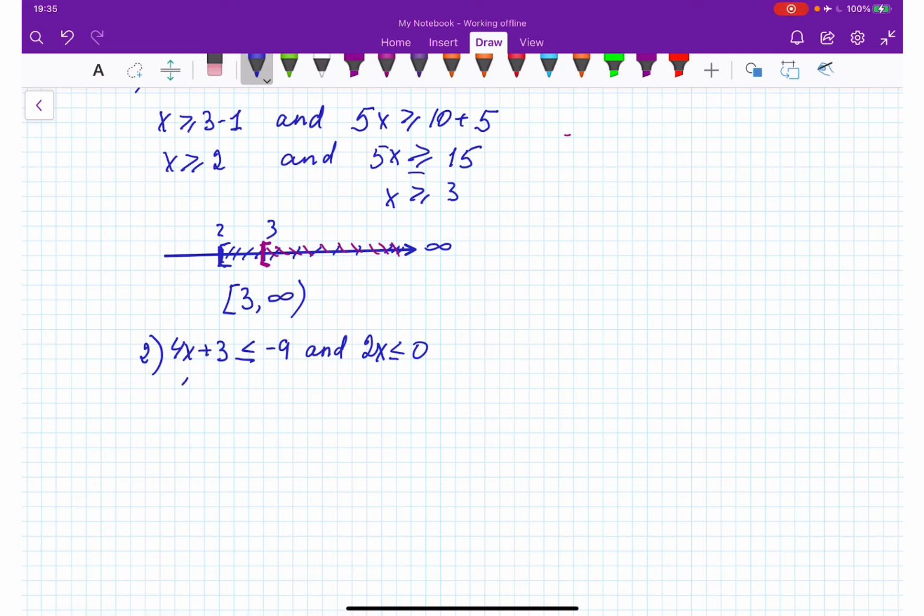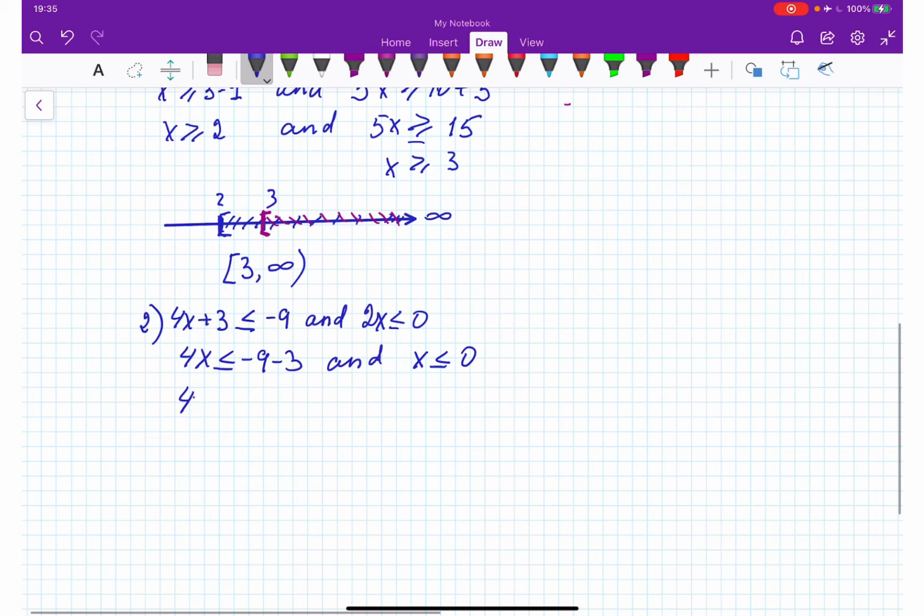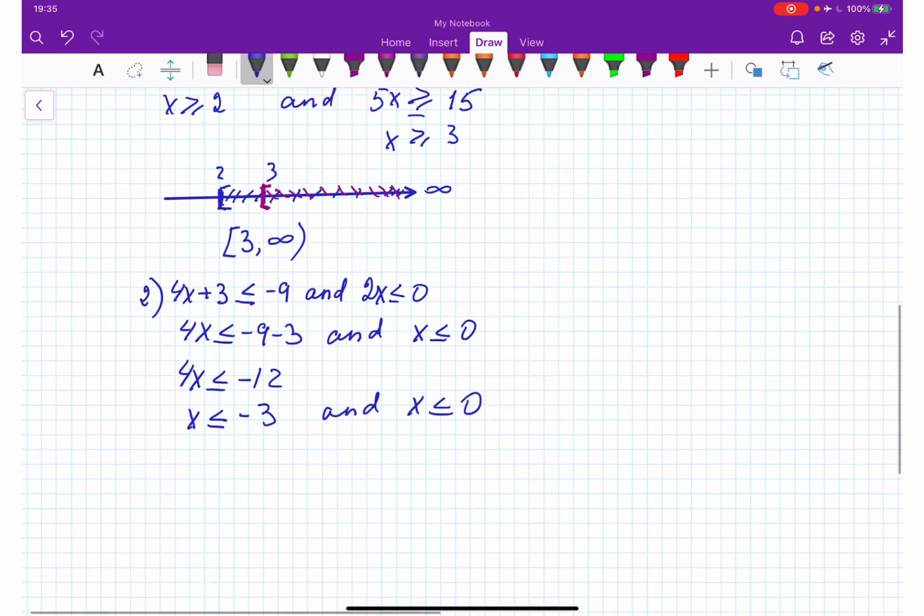Okay, so from here 4x less or equal negative 9 minus 3, and if 2x is less or equal 0, then x is also less or equal 0, right? And here 4x less or equal negative 12, so x less or equal negative 3 and x less or equal 0.